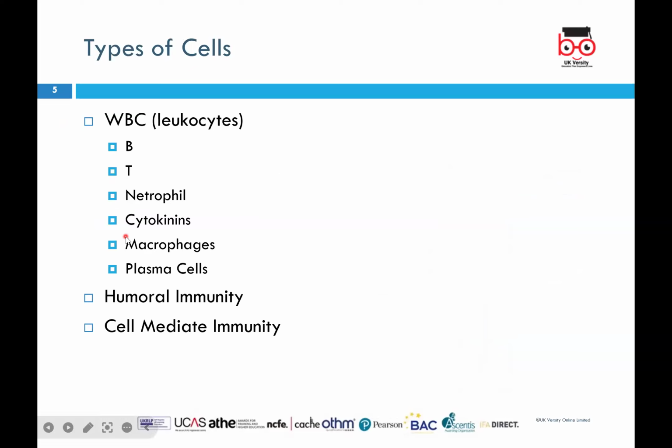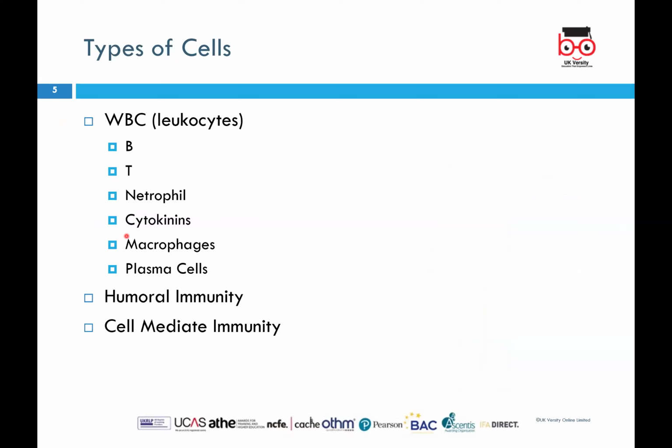The white blood cells, we had said that they're leukocytes. Leuko means white. Along with red blood cells and other blood cells, platelets, for instance, we had talked about platelets also. We have B cells, which are white blood cells. They have T cells, neutrophils, cytokines, macrophages and plasma cells.